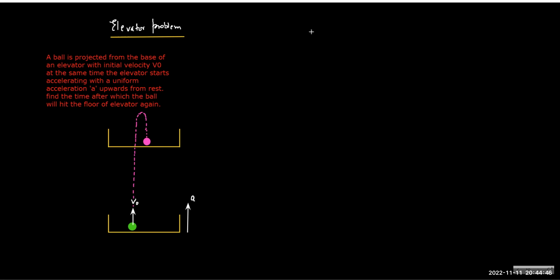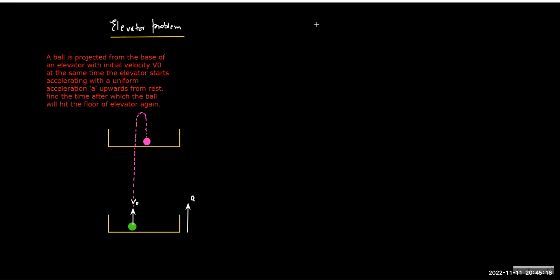Anyone wants to try this question? Anyone? Hello. Siddhant, Harry, Rugved, you want to solve this question, or shall I solve right away? So you can solve. Okay.